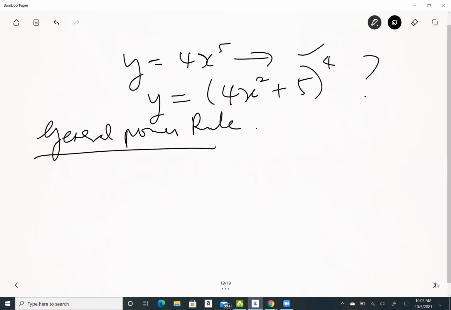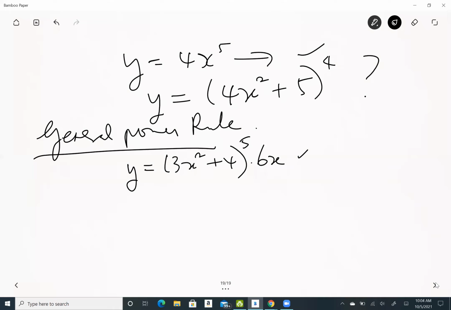Let's say you have the function y equal to 3x squared plus 4, all to the power of 5, times 6x. This is from the book. Anak siapa tu? Anak siapa ke adik siapa? Okay, you have this function.